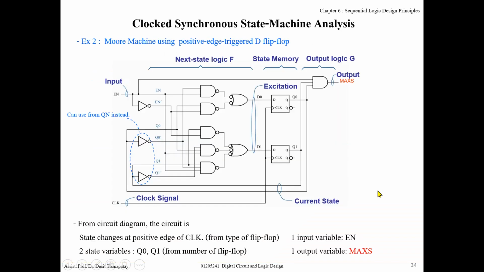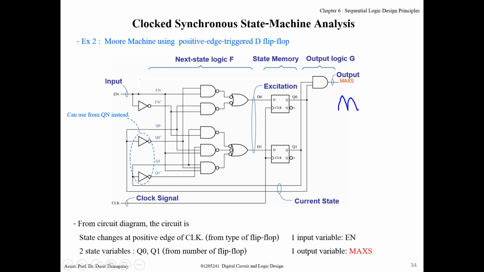And okay, for the next example, example 2, it's the same circuit, but we just delete this wire that connects from input to this AND gate. That means now everything is the same except the output. I just change the name of the output.